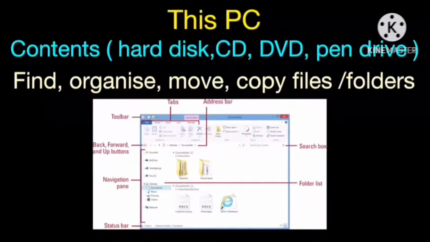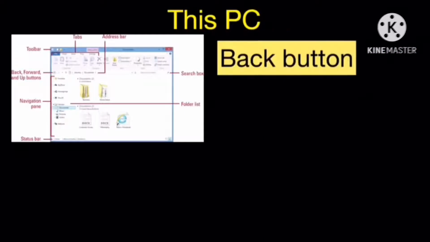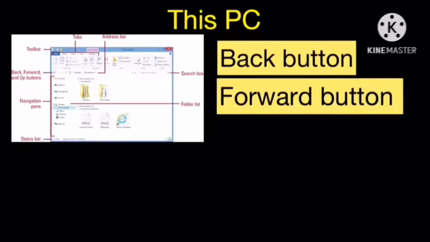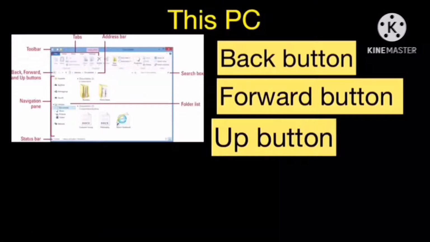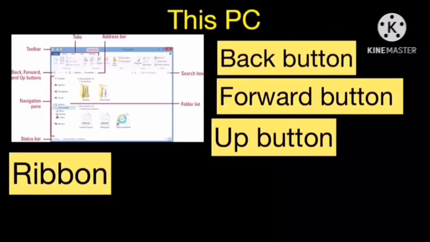Here are some parts of the This PC window. Now we will see that. First one is the back button. When I'm opening a folder, if I want to go back, I will use this back button. If I want to come back to the next page, I will use the forward button. And on the left side, I will have certain folders. If I want to move up, I will press the up button. There is another option, the ribbon.